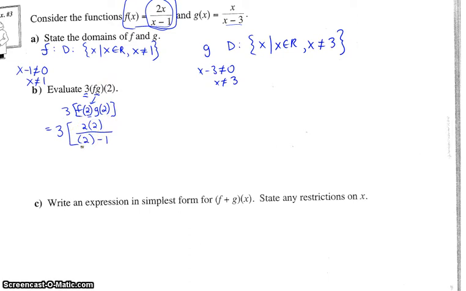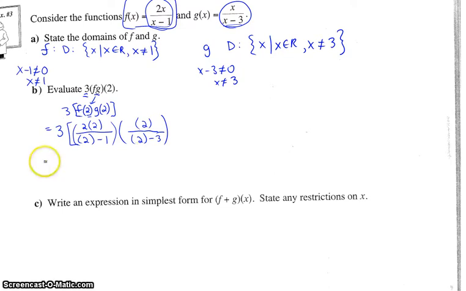There we go, 2 goes in for x. Then we have times g at 2. Okay, I'm just going to throw some brackets around that. So g at 2, here's our function. Everywhere there's x again, we're going to put some brackets to show substituting in. And we're replacing x with 2. So 2 on top, 2 minus 3 in the denominator.